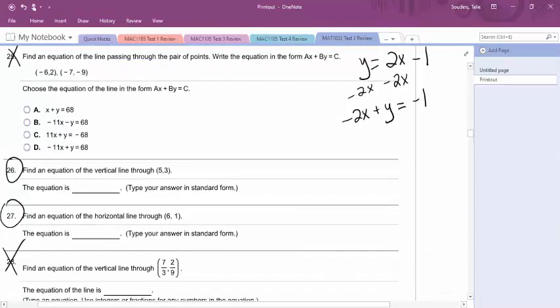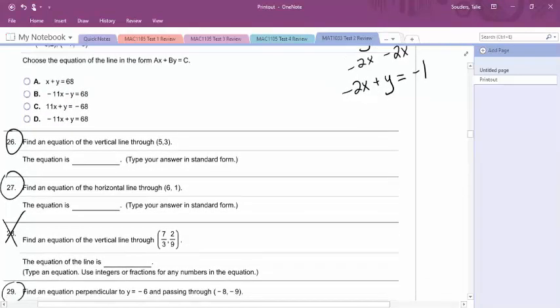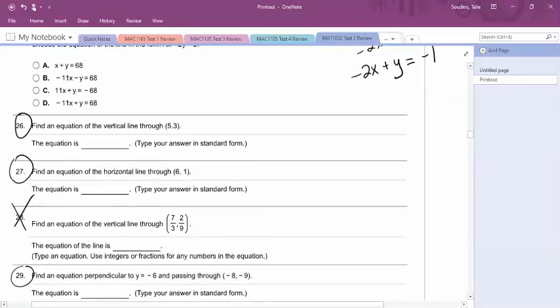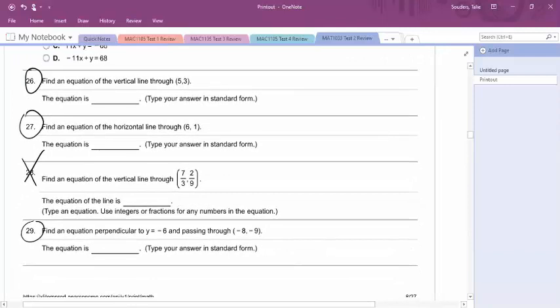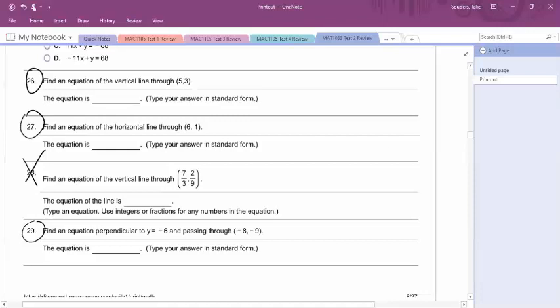Well, these are some fun ones. Find an equation of the vertical line and then find the equation of a horizontal line. Okay. This is when we need to remember the trick that I mentioned earlier, which is what does the equation of any vertical line look like? X equals some number, right? Let's think about this on a graph for a second.